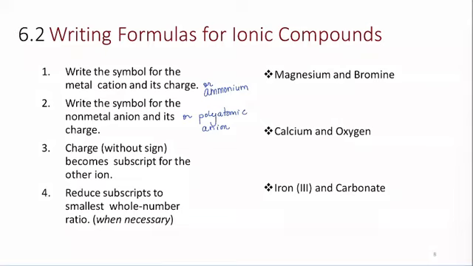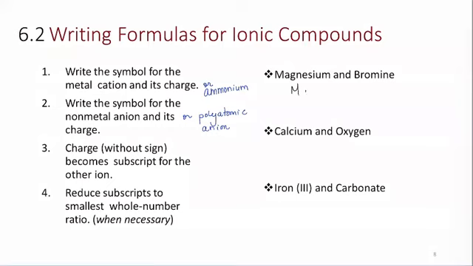So here I have the ionic compound that is going to be made from combining magnesium and bromine, okay? What is the symbol and charge for magnesium? Let's put it in the chat. Excellent.